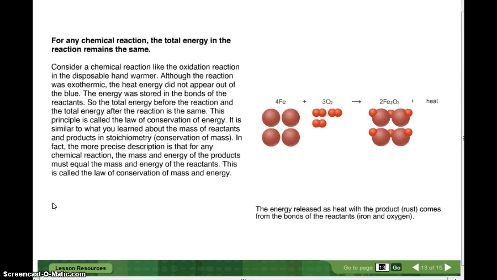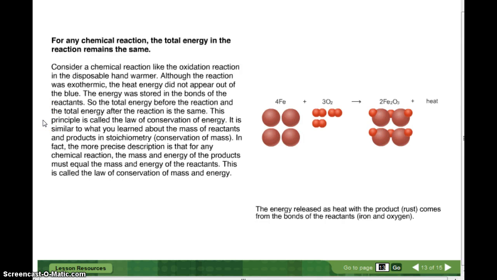For any chemical reaction, the total energy in the reaction stays the same. Consider a chemical reaction like the oxidation reaction in the disposable hand warmer. Although the reaction was exothermic, the heat energy did not appear out of the blue. The energy was stored in the bonds of the reactants. So the total energy before the reaction and the total energy after the reaction is the same.